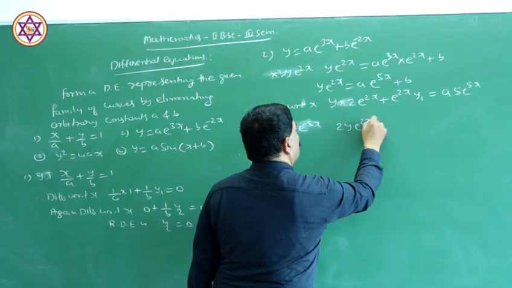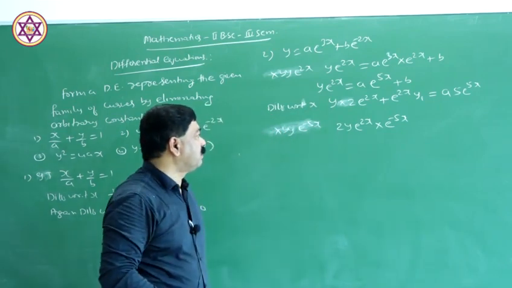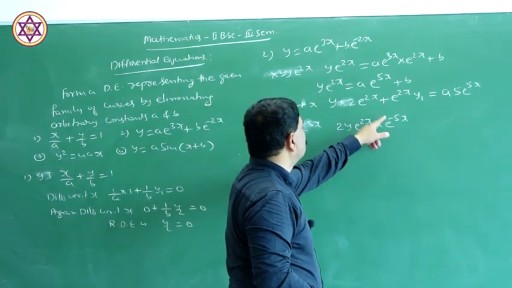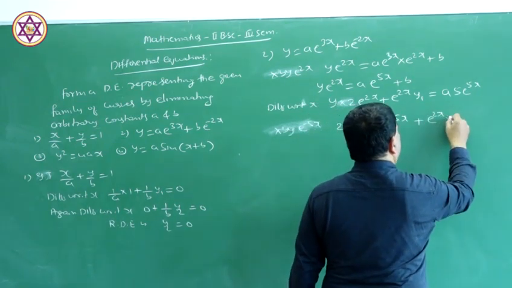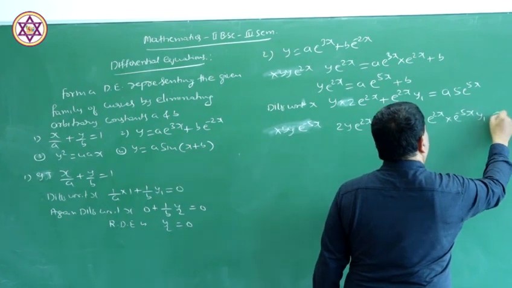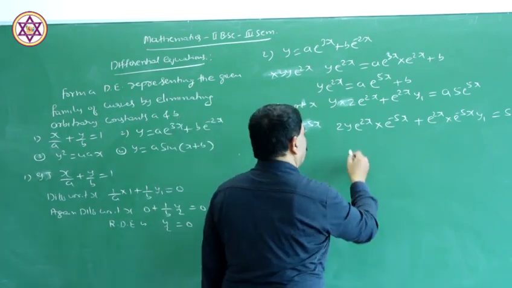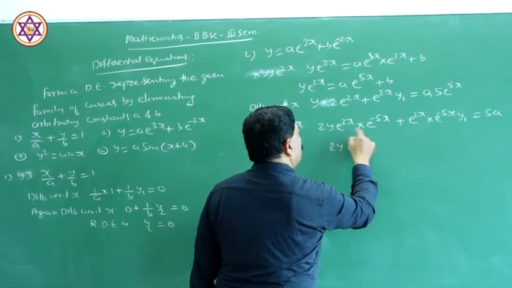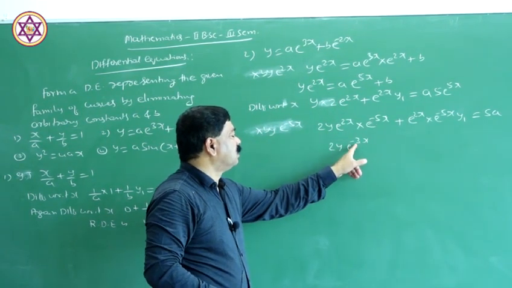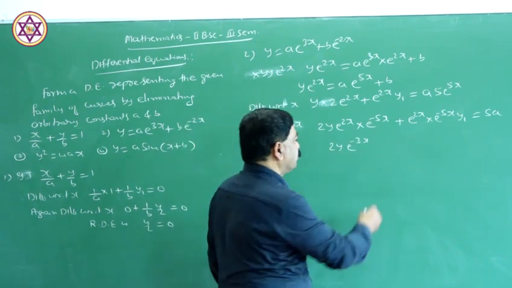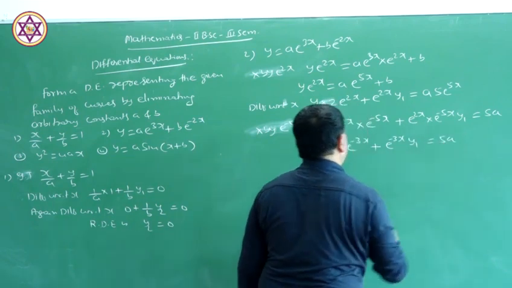So 2y e^(2x) e^(-5x) + y1 e^(2x) e^(-5x) = 5a. Now simplify this one: 2y e^(2x-5x) means after simplification we get e^(-3x). Next, e^(-3x) y1 = 5a.